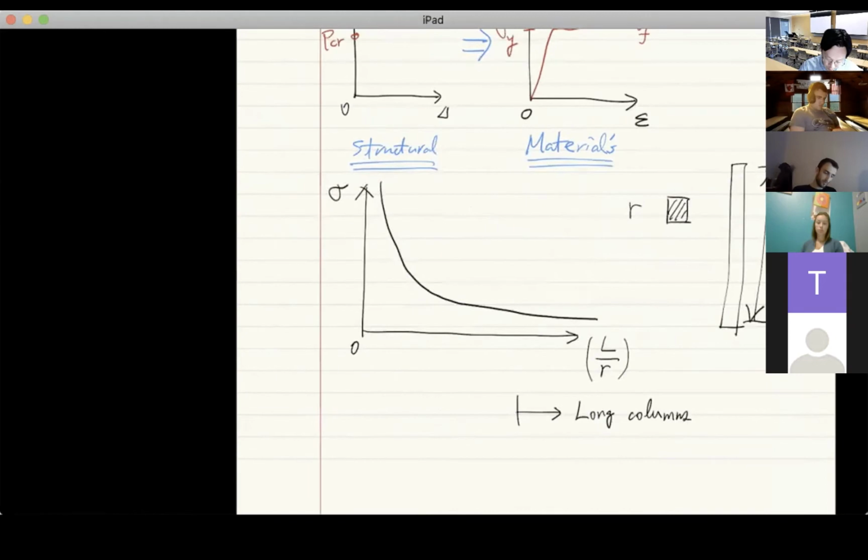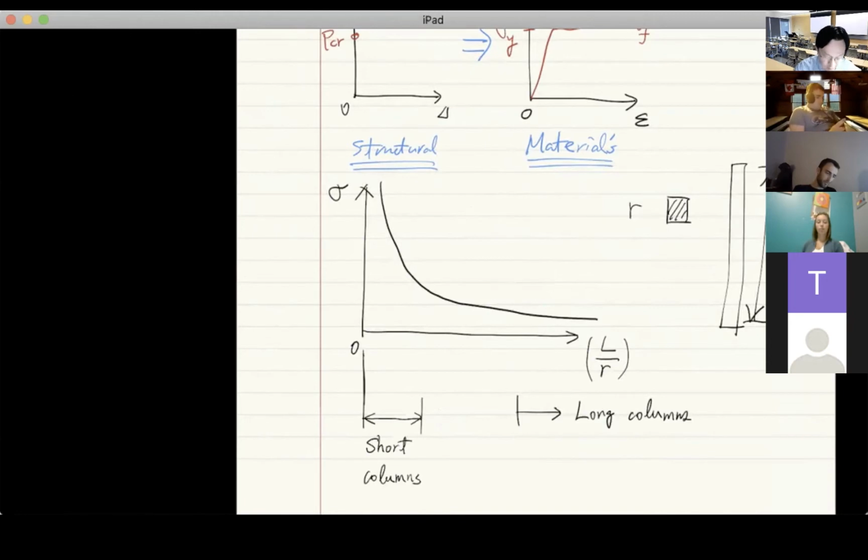And somewhere here, until 0, this region is what we call short columns. So let me draw it. Here to somewhere here. This is short columns.